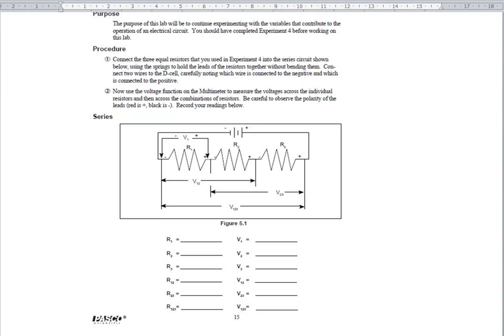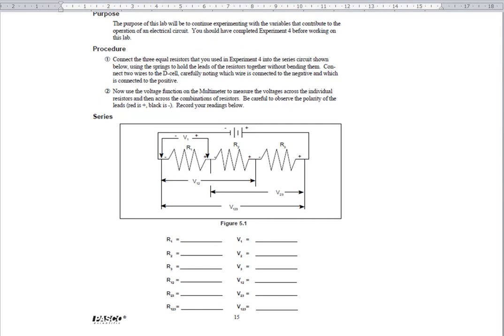And then you need also to find the value of R23, which is the equivalent resistance of R2 and R3. Also, R2 and R3 are connected in series. You need also to find R123, which is the equivalent resistance of R1, R2, R3.